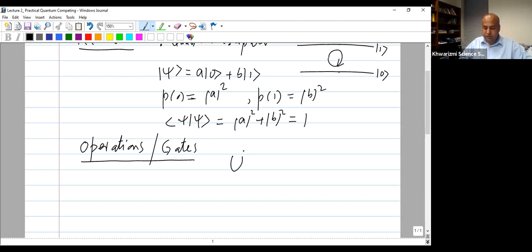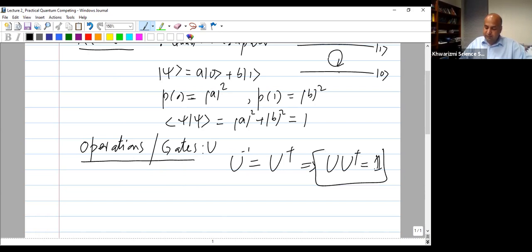A unitary operation, if we think of it in terms of matrices, is one where the inverse of the matrix is just given by its complex conjugate and transpose. This dagger symbol represents conjugate and transpose, which means that if we multiply this matrix U with its conjugate transpose, we should get the identity.